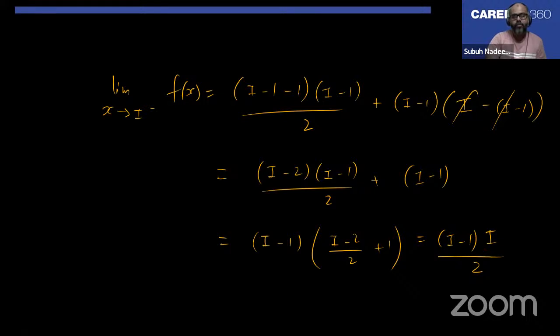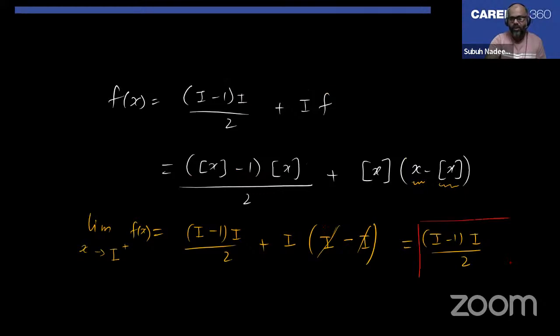Okay. So if you see the left hand limit and you see the right hand limit, this is (i minus 1) into i by 2. And this is also (i minus 1) into i by 2. So left hand limit is equal to right hand limit.